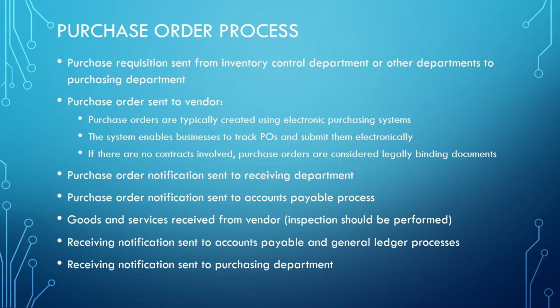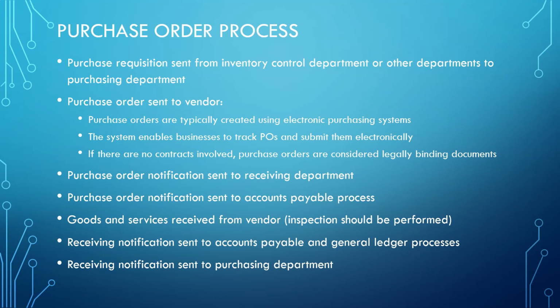So how does it work? Usually the purchase requisition will be sent from the inventory control department or from a department to the purchasing department. The purchasing department will create the purchase order either manually or using an electronic purchasing system. With the current advancement of technology, there is no manual anymore.